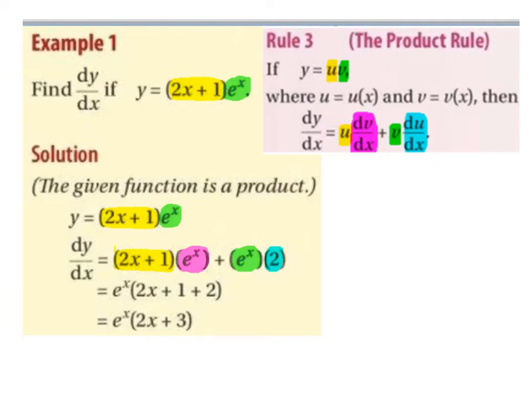So v is e to the power of x, so dv dx is also e to the power of x, plus v, which again is e to the power of x, multiplied by du dx, the derivative of 2x plus 1, which is 2. Since we have an e on both sides, we can factorize the e to the power of x. So we have e to the power of x times 2x plus 1 plus 2, and 1 plus 2 is 3. So we get e to the power of x times 2x plus 3.